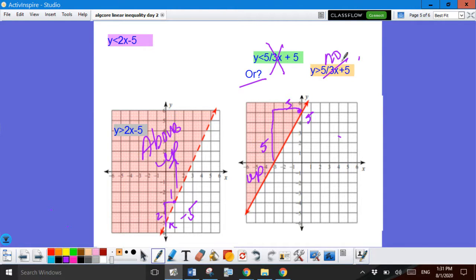I need to have y is greater than or equal to 5/3 x plus 5. The difference is this is a closed line. So make sure that your signs are appropriate when you are trying to match up the linear inequality with what type of inequality sign it has in the answer.